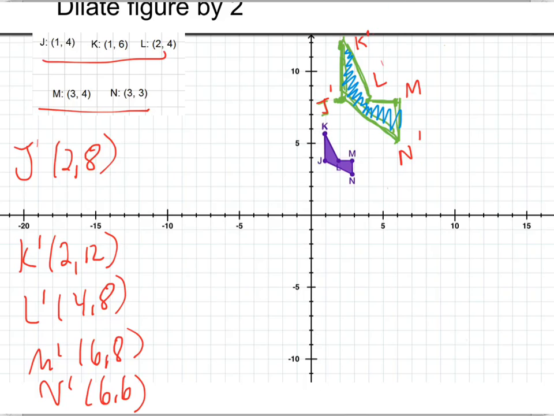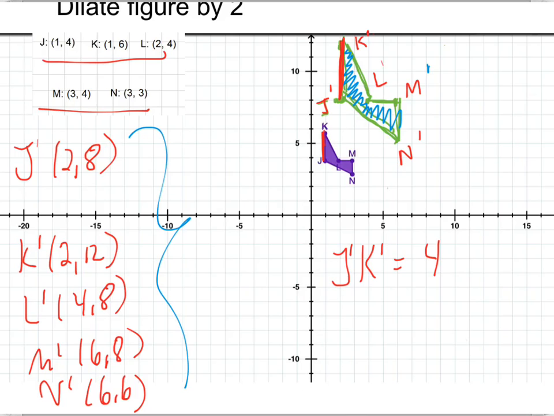So you can see J prime, K prime, L prime, M prime, and N prime. I just plotted all the points down here, and when you look at the corresponding line segments, JK right here is 2, and J prime K prime is equal to 1, 2, 3, 4.